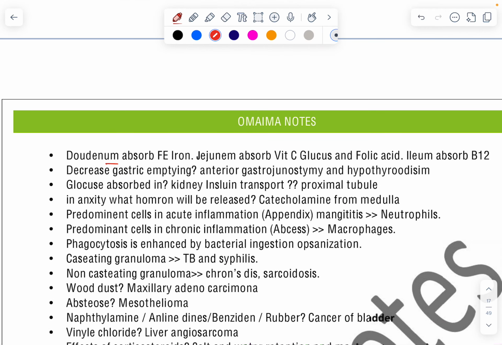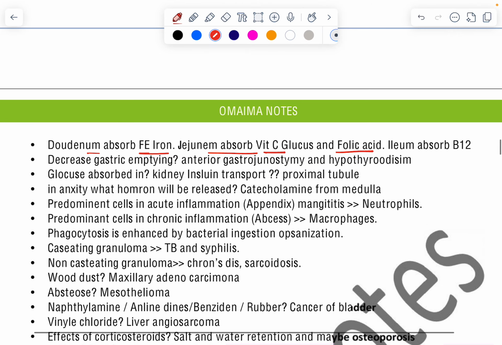Duodenum absorbs ferric iron, jejunum absorbs vitamin C and folic acid, ileum absorbs B12. Delayed gastric emptying, hypothyroidism. Glucose is absorbed in the kidney, proximal convoluted tubule. Anxiety releases catecholamine from the medulla. The predominant cell in acute inflammation is the neutrophil; in chronic inflammation, the macrophage, with phagocytosis and opsonization. Caseating: tuberculosis, syphilis.